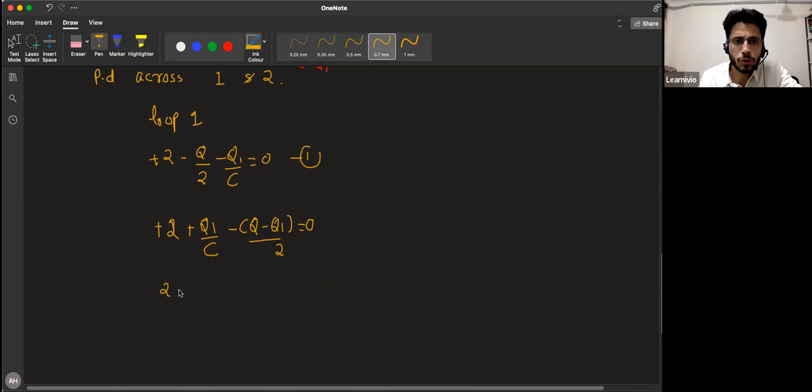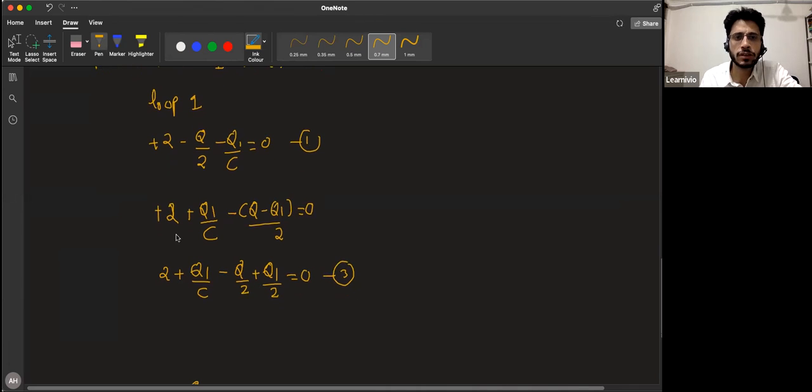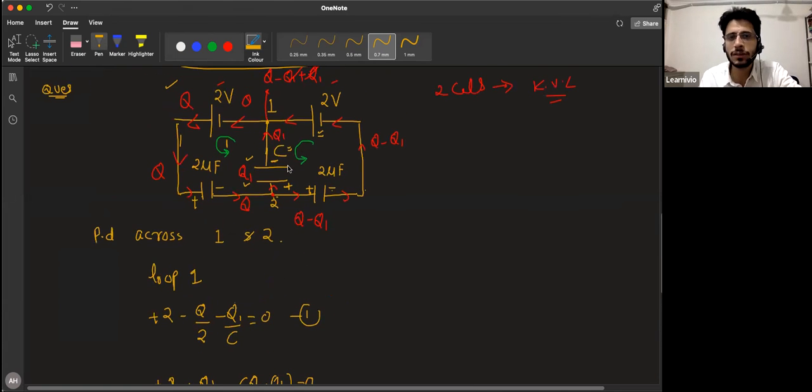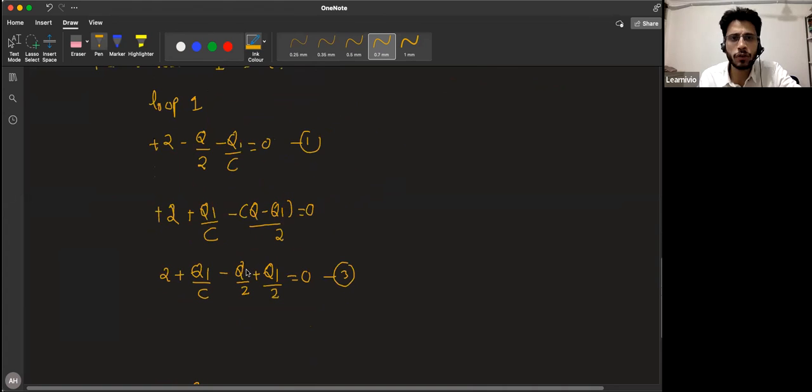So it's 2 plus Q1 divided by C. If I multiply with this negative sign, it's minus Q by 2, and this plus Q1 divided by 2 equal to 0. So our motive is to calculate Q1 somehow. So let's subtract these two equations so that this Q2 gets cancelled out. C is given, we can calculate our answer in terms of C. We'll try to eliminate Q somehow.